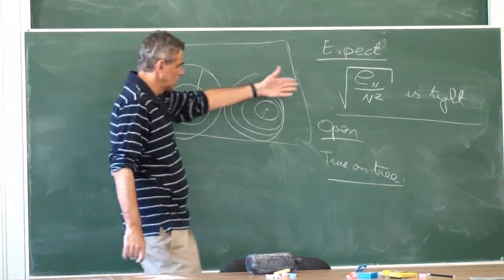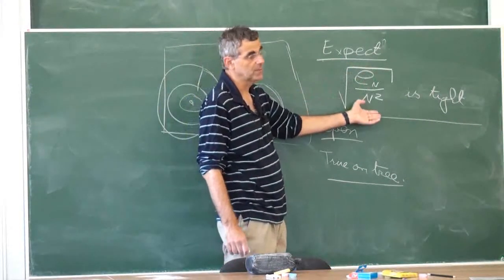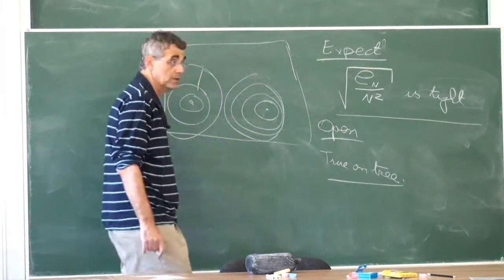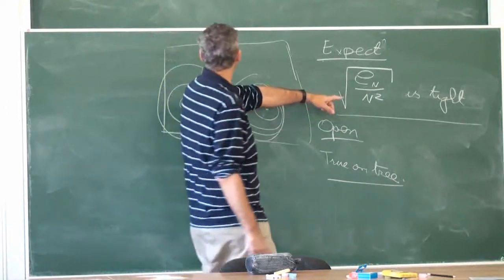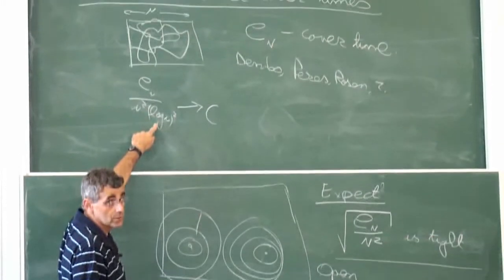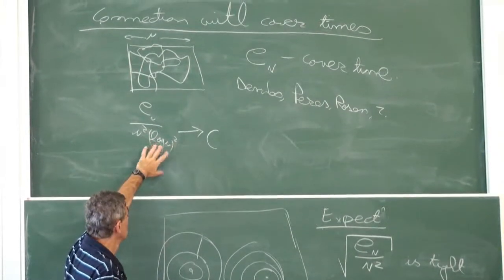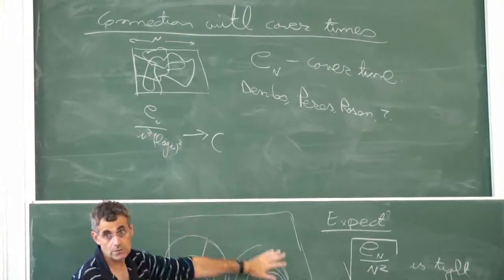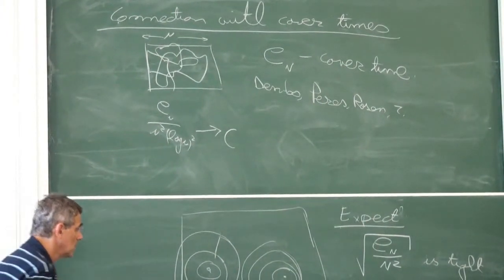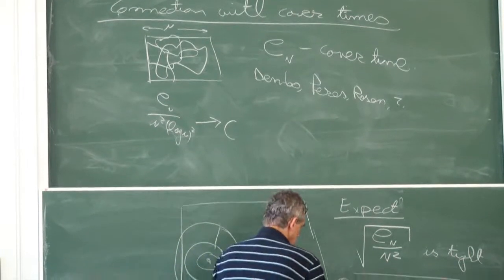And there is an analogous quantity, which is the cover time divided by the number of vertices. And this turns out to be tight. This is not the order of the maximum. There is this log term. So exactly like with the maximum, we forget about the log term and we ask whether the quantity is tight without dividing by the log term. So this is true on the tree.